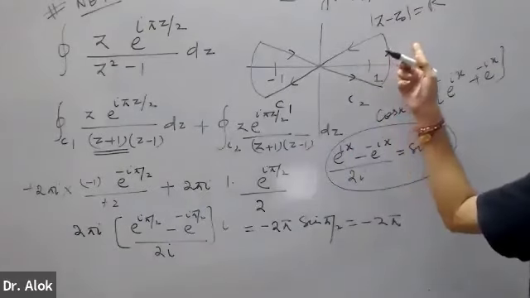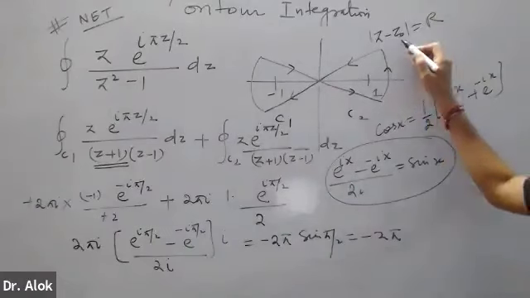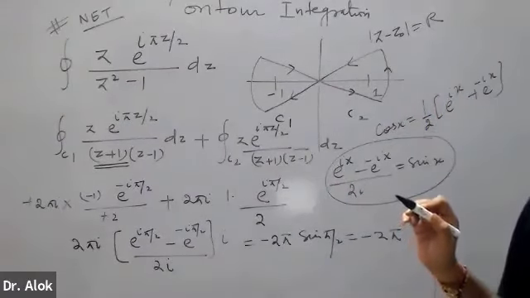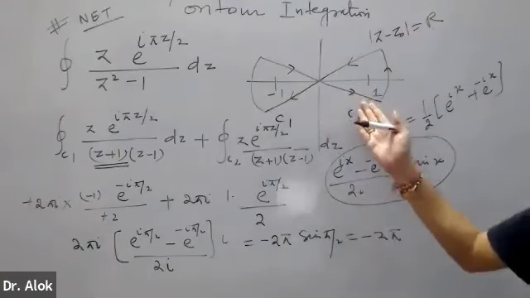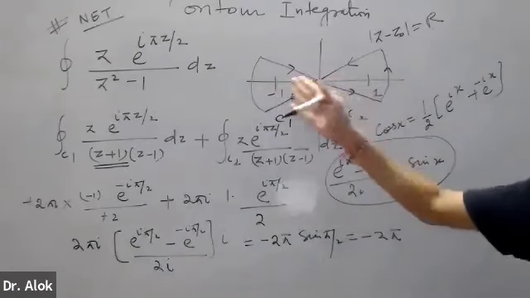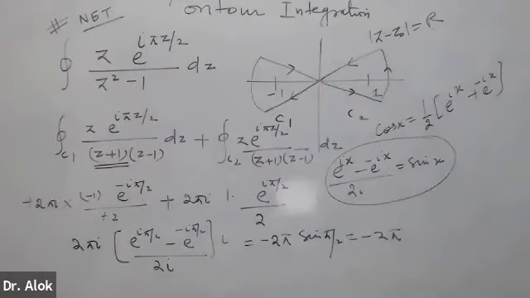So that means your contour is a circle with center at z naught and radius r. Or if it is given like this, then you have to just see that your poles are lying inside or outside, because no equation is given, just the contour is given.